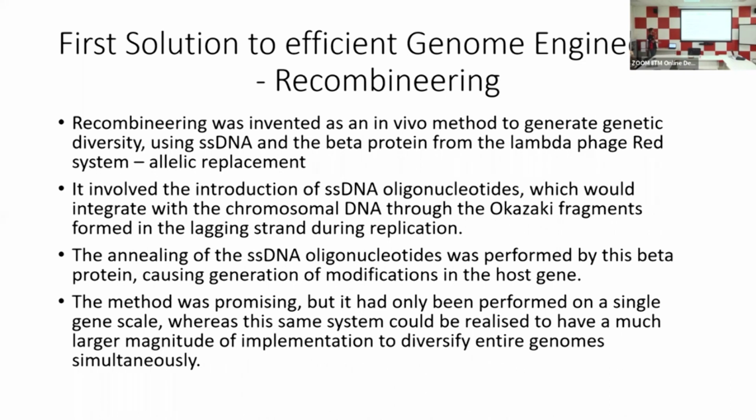In recombineering, we introduce single-stranded DNA oligonucleotides, which are short lengths of nucleotides, that integrate with the chromosomal DNA through the Okazaki fragments formed during replication. These oligonucleotides are then annealed to the lagging strand by the beta protein, causing modifications in the host chromosomal DNA.